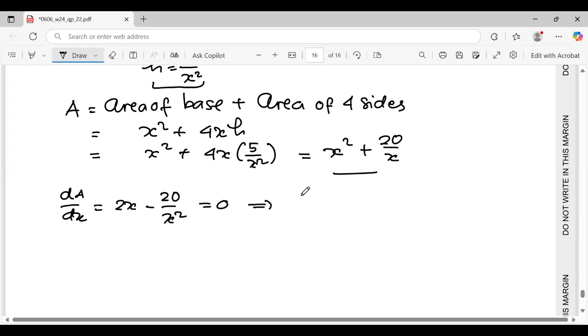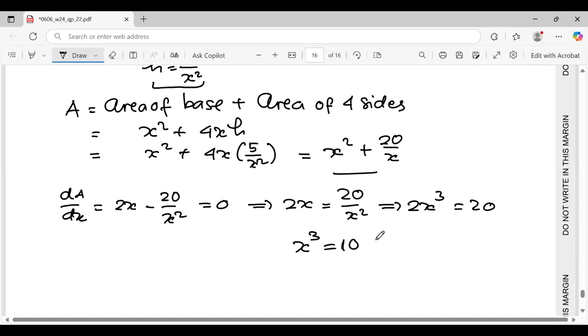Then x equals 20 over x squared, so 2x cubed equals 20 and x cubed equals 10.